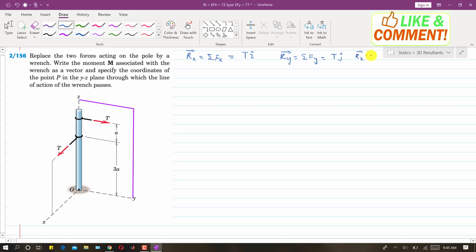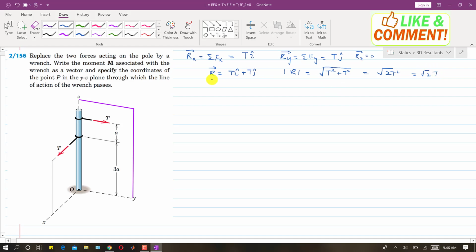So the resultant vector is Ti plus Tj, and the resultant magnitude is the square root of T squared plus T squared, which is the square root of 2T squared, equal to root 2 T. So this is the magnitude of the resultant.